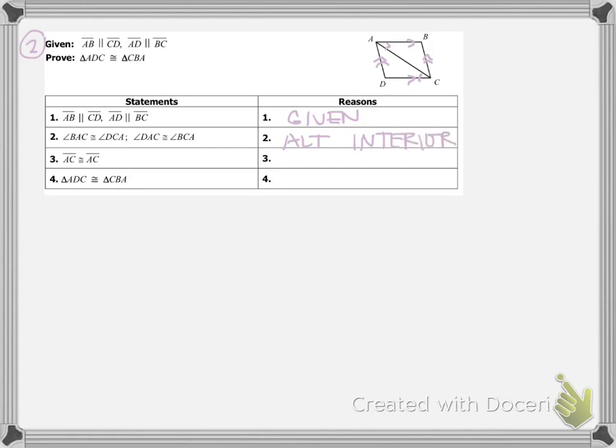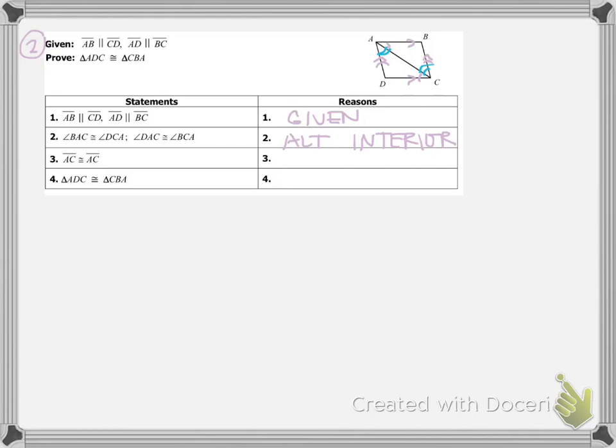Okay, that also means that this angle here, DAC, and angle BCA are also going to be congruent because those are also alternate interior angles.